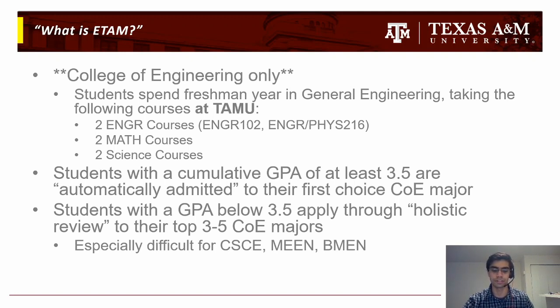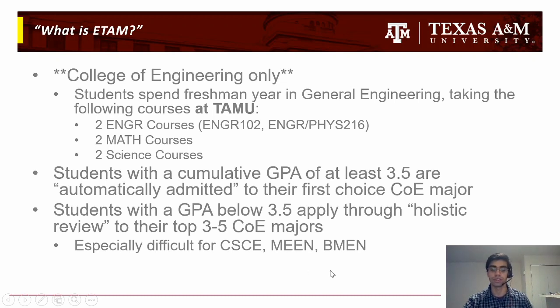And what that looks like is a collection of three essays that roughly benchmark how invested you are in whatever majors you're applying to, what sort of interactions you've had with the majors, what your qualifications are. And usually that's applied to students' top 3 to 5 majors.